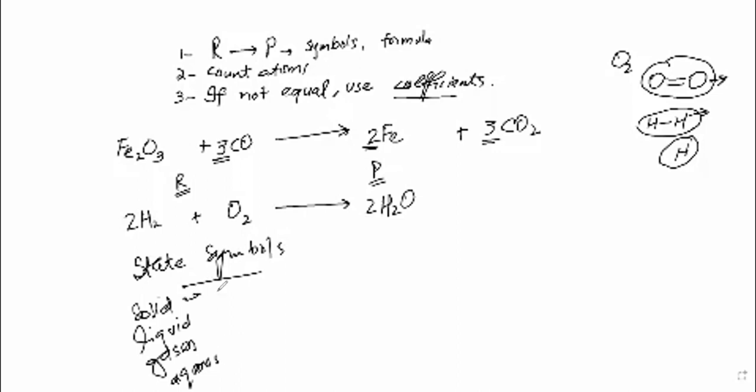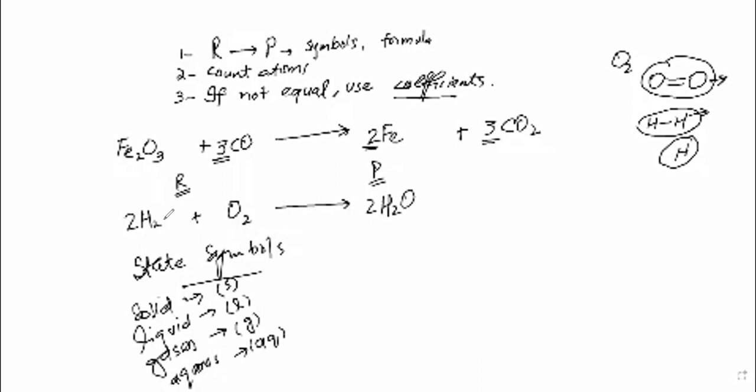Solid we write as a subscript s, downward at the bottom of any symbol or formula. In the same way, as a subscript we write small l to show that the substance is liquid. If it is a gas we write small g. If it is aqueous then we write aq.